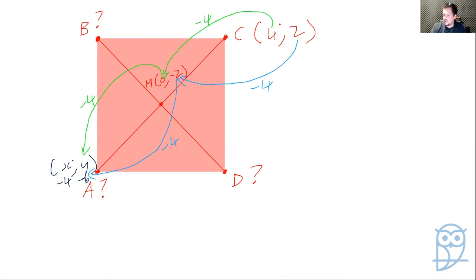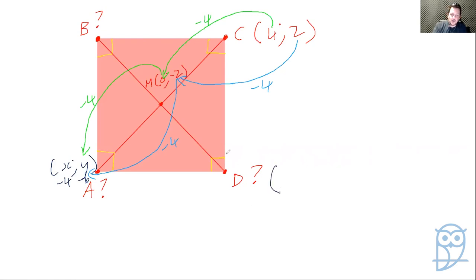So what color can I use? Let me try a yellow. It should work. So there's a right angle, there's a right angle, there's a right angle, and there's a right angle. And because of those right angles and the perpendicular lines, we automatically know what some of the x and y values are.